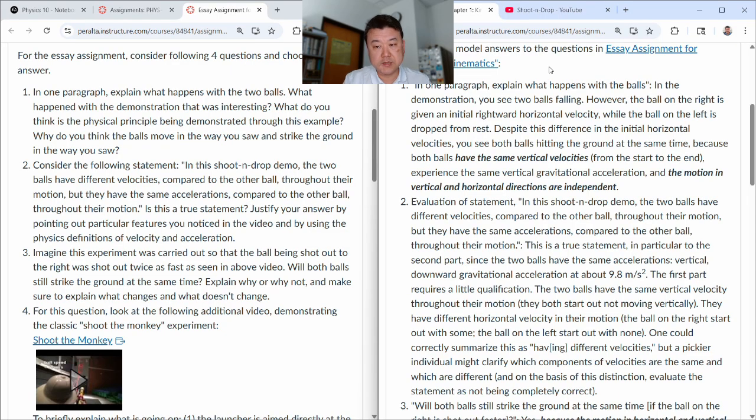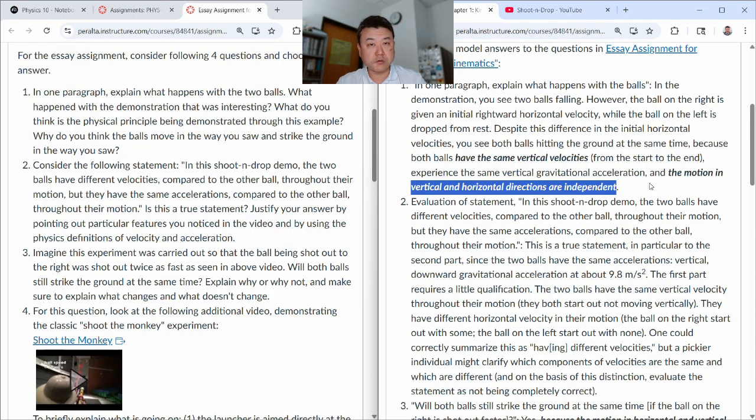Despite this difference in the initial horizontal velocities, you see both balls hitting the ground at the same time, because both balls have the same vertical velocities from the start to the end, and experience the same vertical gravitational acceleration, and the motion in vertical and horizontal directions are independent. And this is the main principle being illustrated. The vertical and horizontal directions are perpendicular directions, and the motion in those directions are independent.